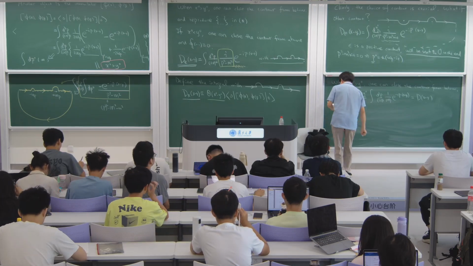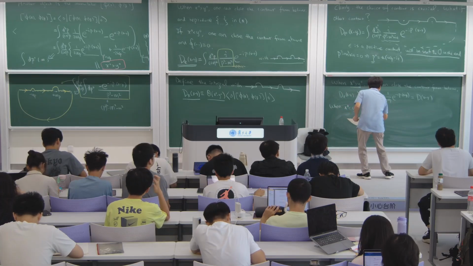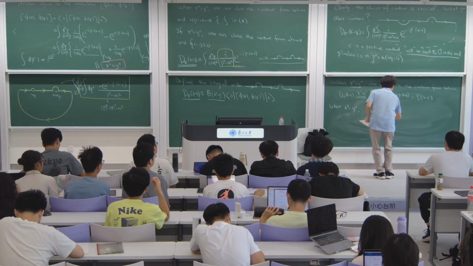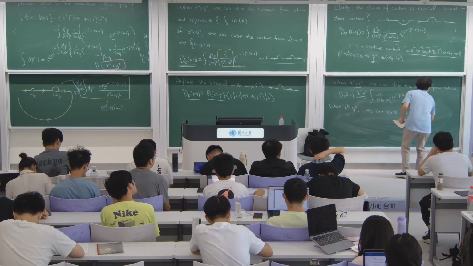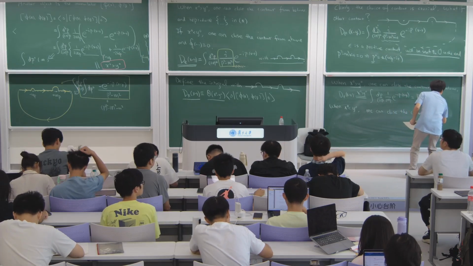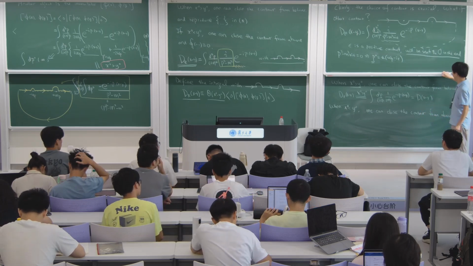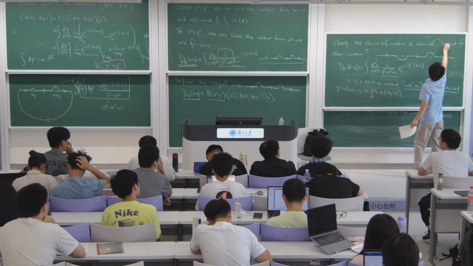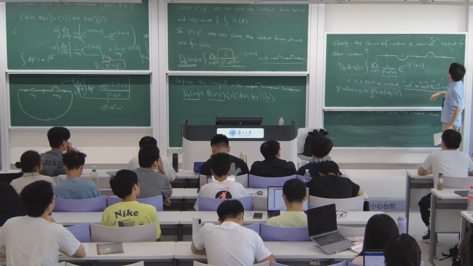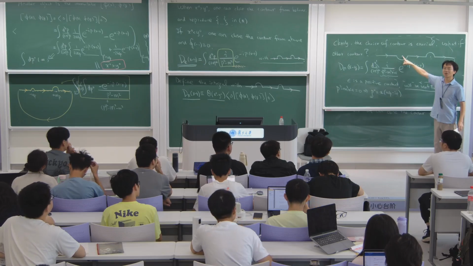When x0 is less than y0, one can close the contour from above. From the above, okay? If you close the contour from above, then you only pick up this one.